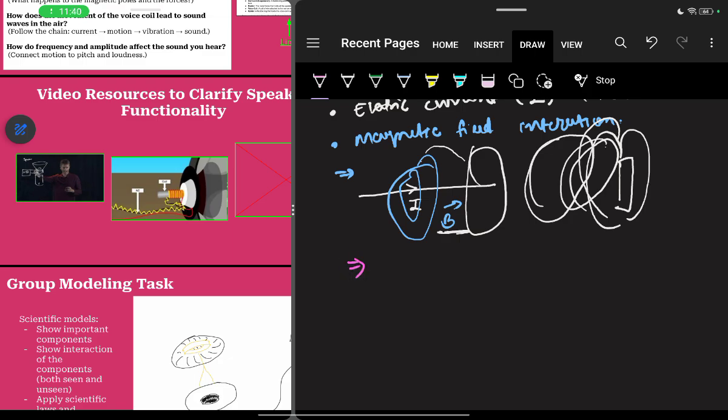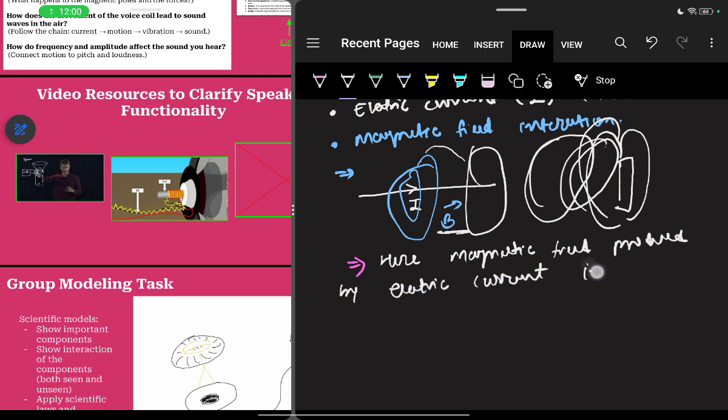Here, the magnetic field produced by electric current interferes or interacts with the field of permanent magnet.